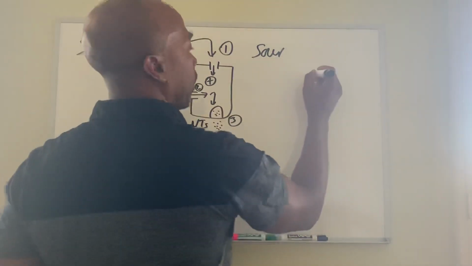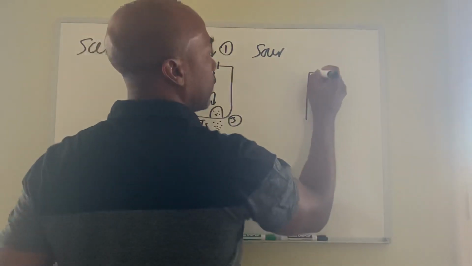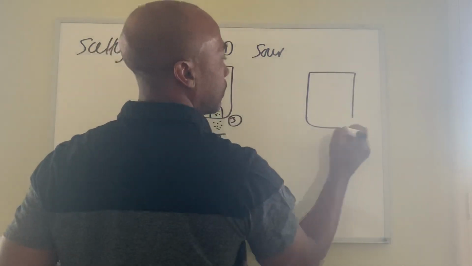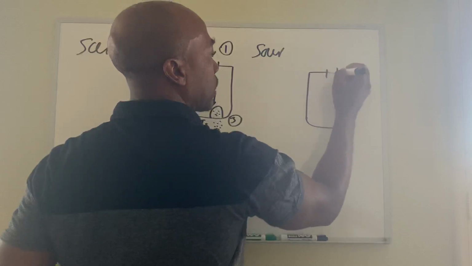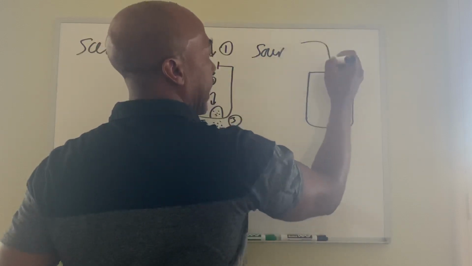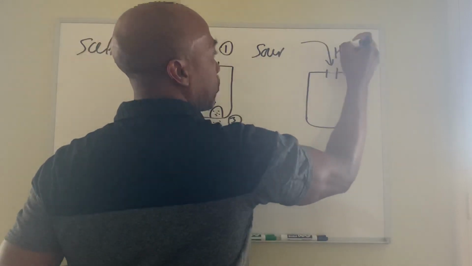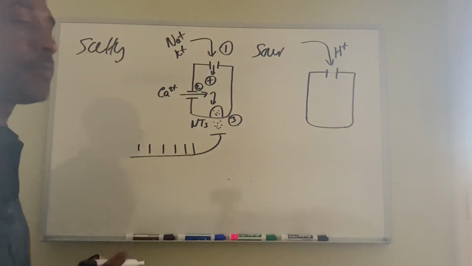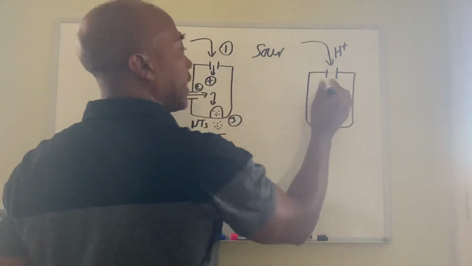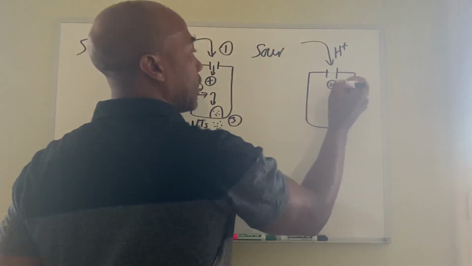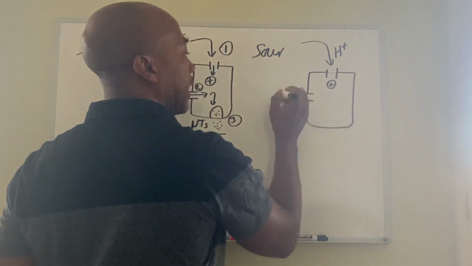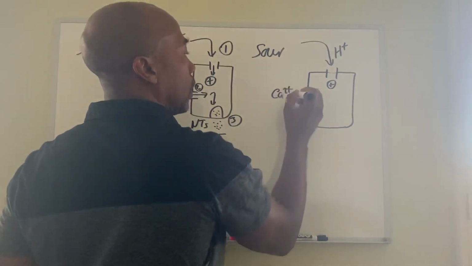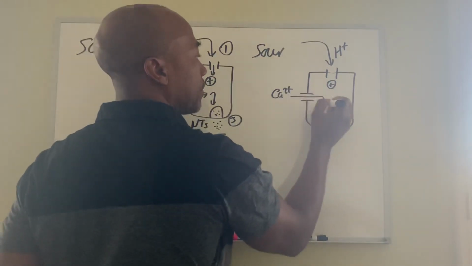So again, here will be your sour cell. It also has gates on it, and the gates on this sour cell will let in H+, protons, into the cell. They enter, and again, that will depolarize the cell, and that will open up voltage-gated calcium channels, which lets calcium into the cell.